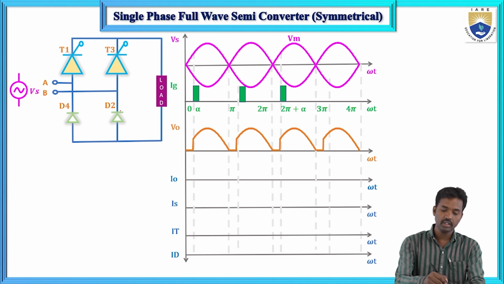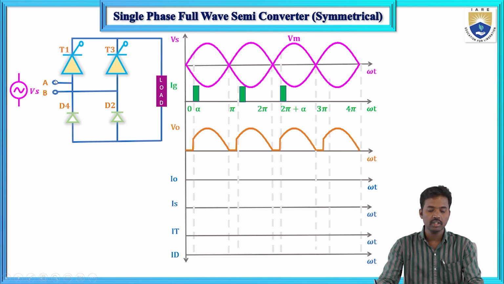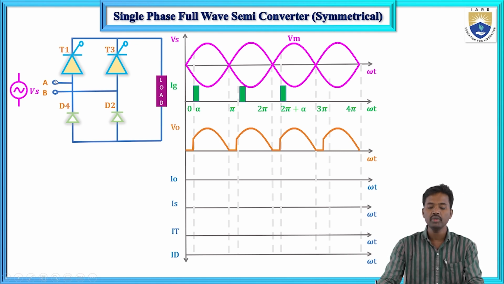The notation is crossed: T1, D2, T3, D4. This is the diagram for the single phase full wave semi-converter.